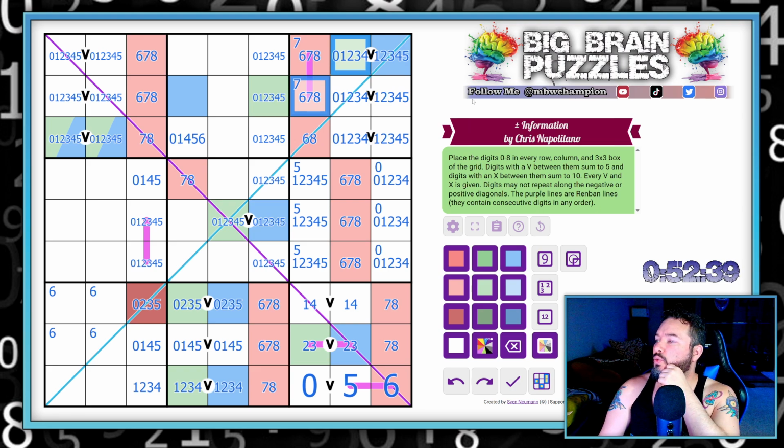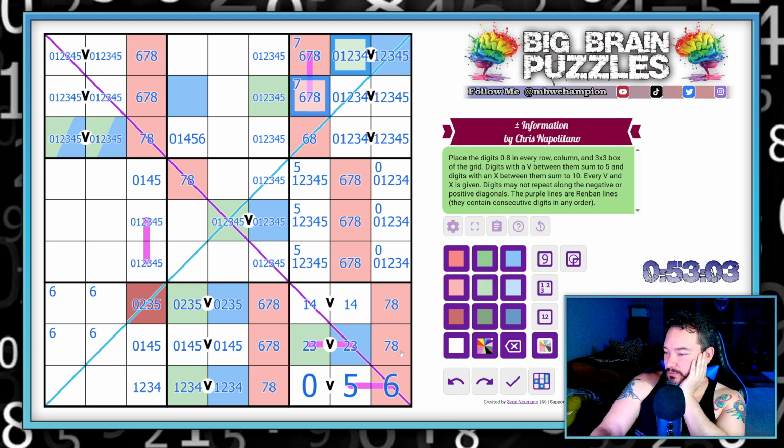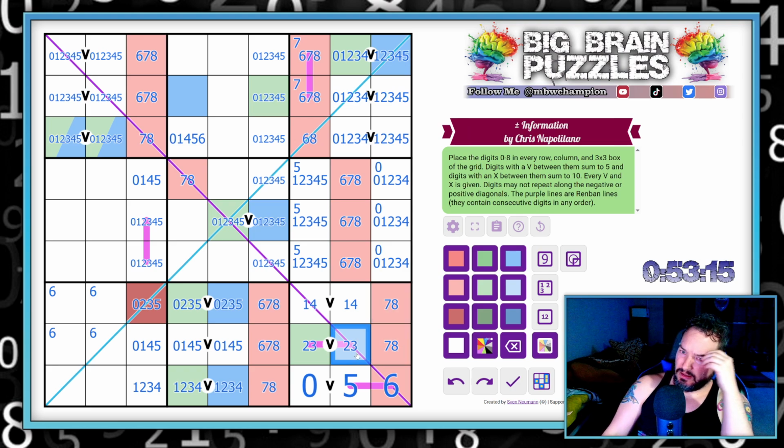Digits with a V between them sum to 5 and digits with an X. Oh, see, now I'm not sure. No, that can't be possible because here, if this is a 2, it's seeing the 8. But if this is a 3, it's seeing the 7. So yeah, it can't be the rule. Okay. I know it's not specific, but there's no way that that would work.